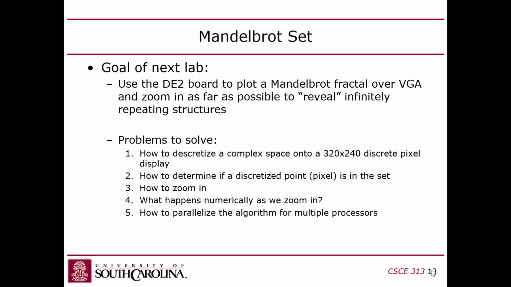Okay, so there's a few problems that need to be solved for this. How are you going to discretize the complex numbers onto your pixels? You've got 320 by 240 pixels, and you want to associate each one of those pixels with a unique value that's spread across some range, right?